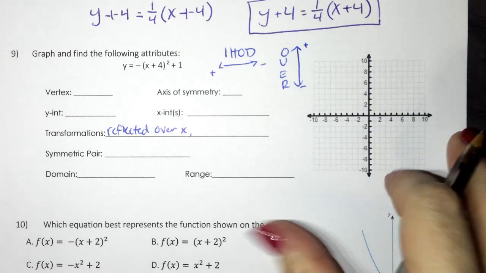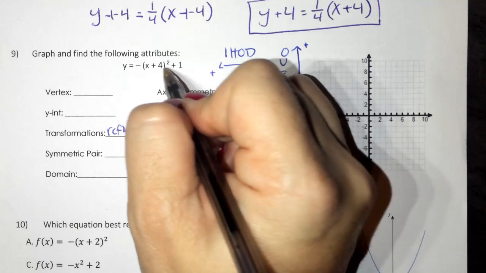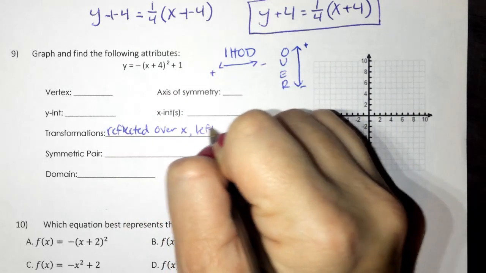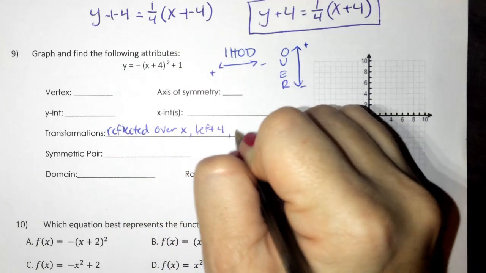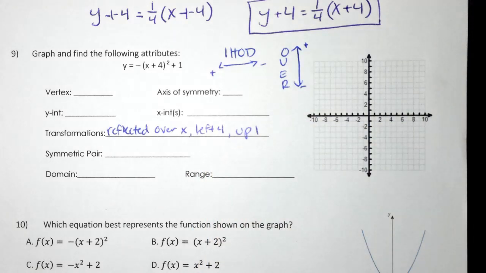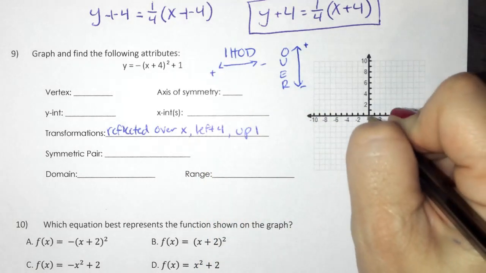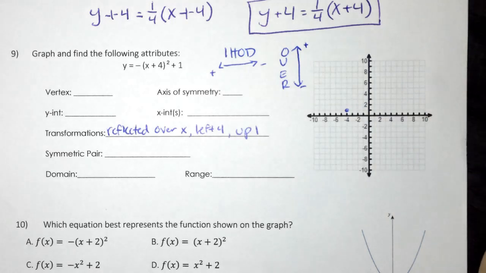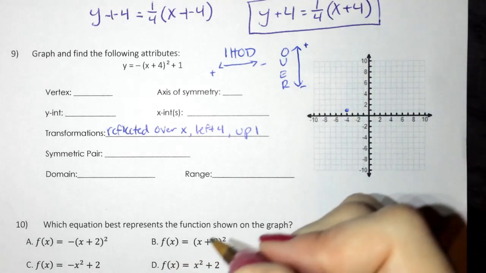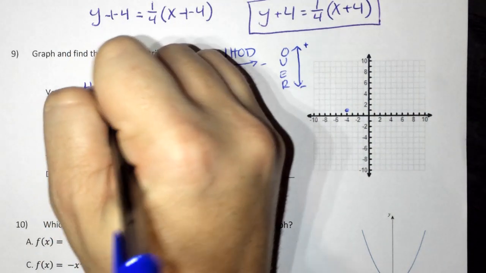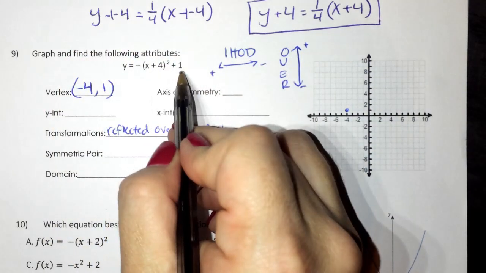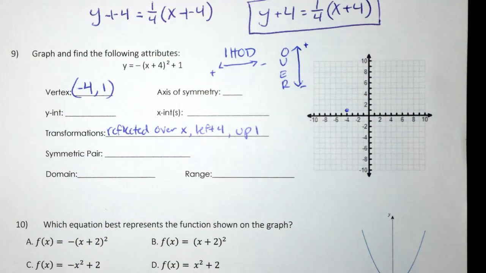We know this. So I know that my inside change with a plus means left 4, and the plus 1 on the outside means up 1. So I can literally go left 4, up 1. There's my vertex, so -4, 1. And remember, inside opposite, outside exact for your vertex, because it's h comma k.